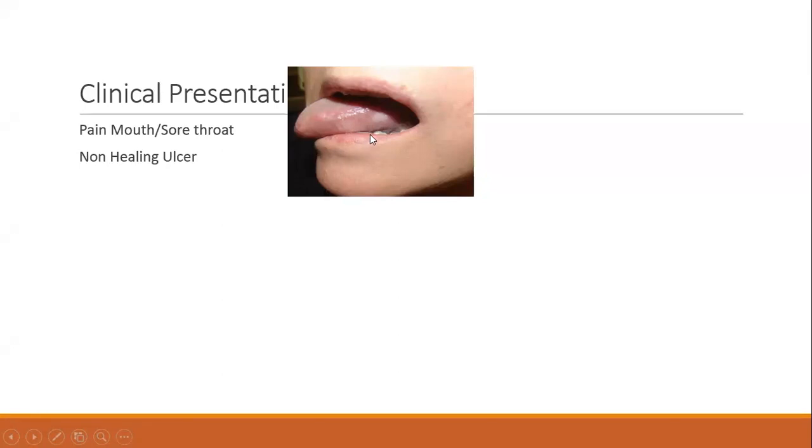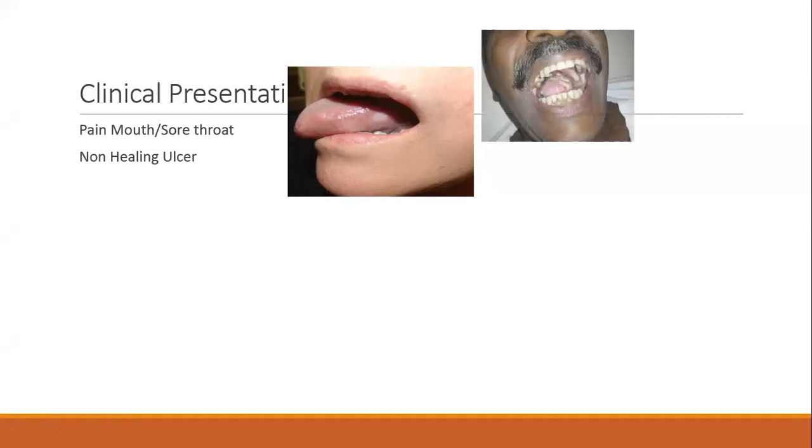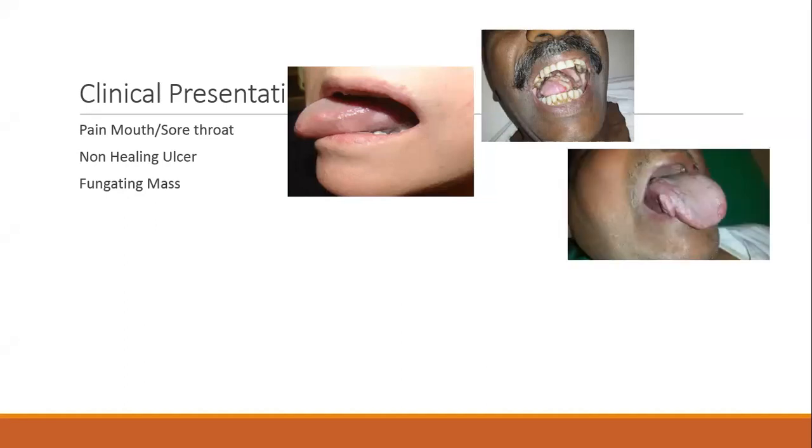But even if this kind of ulcer is not healing, it is better to do a biopsy. There may be a tumor deep. Okay, it can appear as a fungating mass, which is quite obvious. And even if somebody has got a fungating mass, you don't have to wait for 4 weeks. You straight away go and do the biopsy, like this one and like this one.